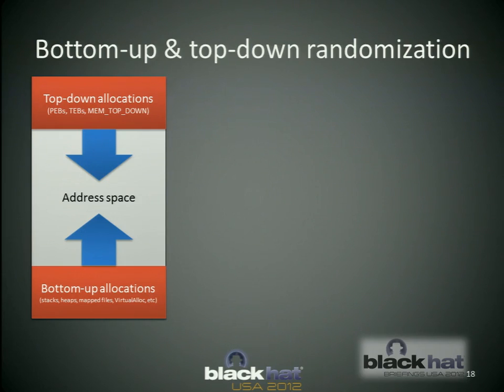And on Windows, you can also have what are called top-down allocations, where the search will happen starting from the top of the address space and going down. This is typically used for PEBs and TEBs, and you can also explicitly specify it. Whereas bottom-up allocations are used for most allocations in Windows: stacks, heaps, map files, virtual alloc, etc.